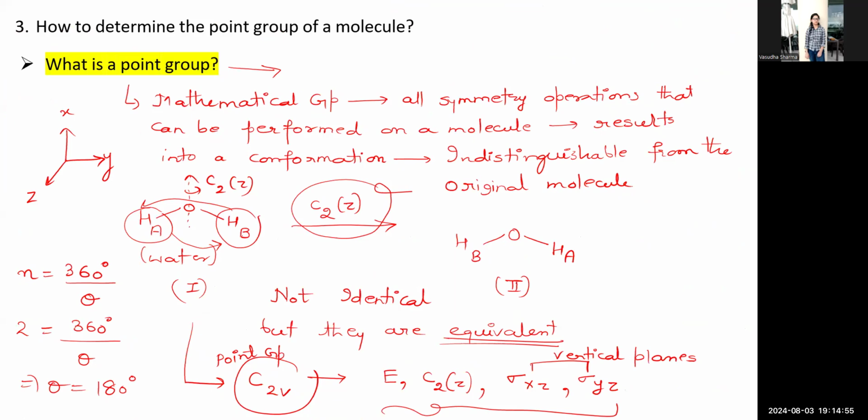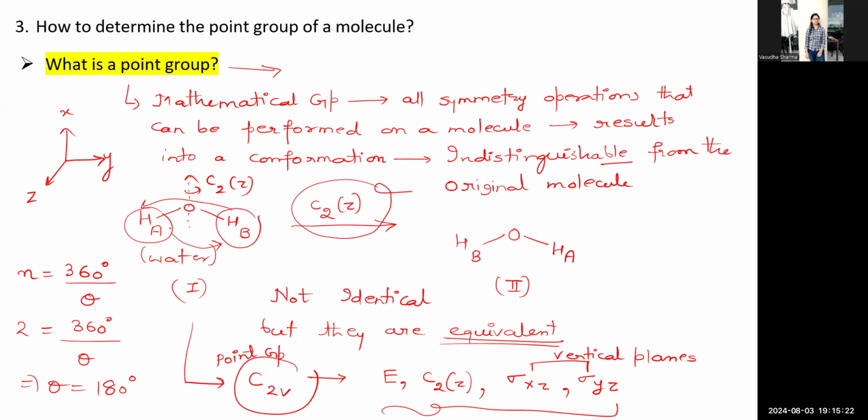It has been made to make our job even easier. For two different molecules, they can have a similar point group. Point groups are defined only based on the symmetry elements present in your molecule. It is a mathematical group which involves all the symmetry operations that can be performed on a molecule, resulting in a conformation indistinguishable from the original one.